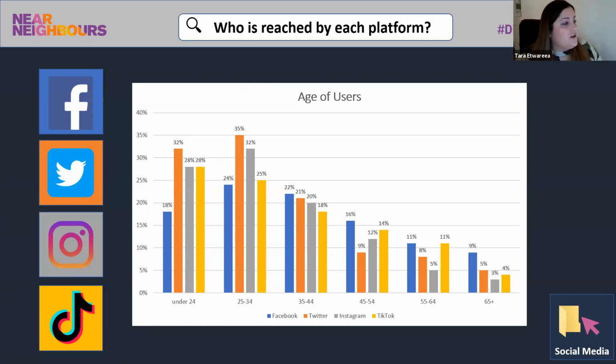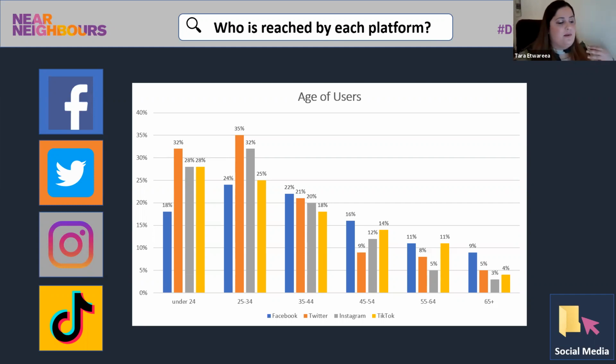Sorry. So who is reached by each platform? As you can see, the blue represents Facebook, and across all age groups, Facebook has probably the most consistent user base. Twitter is highest amongst the younger generations.